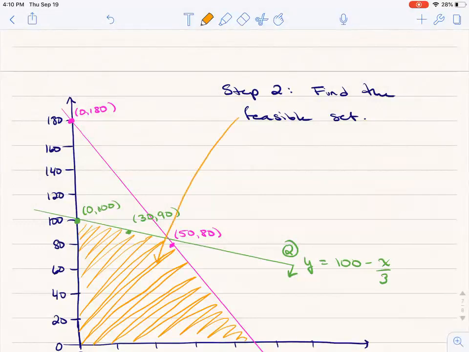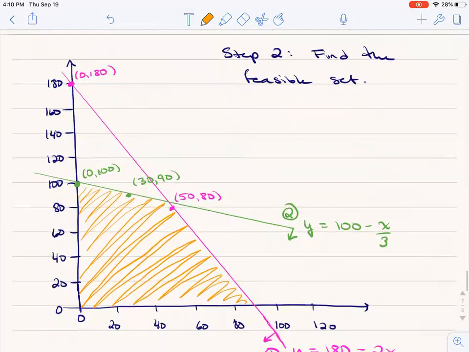Here it is. Or maybe I shouldn't have that arrow. I'll show that that's the feasible set. Otherwise, there's too many lines and things going on.